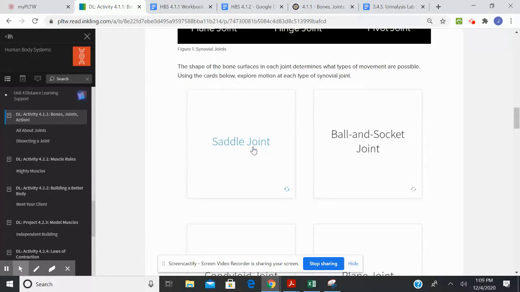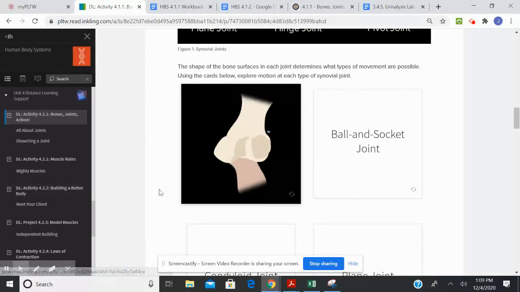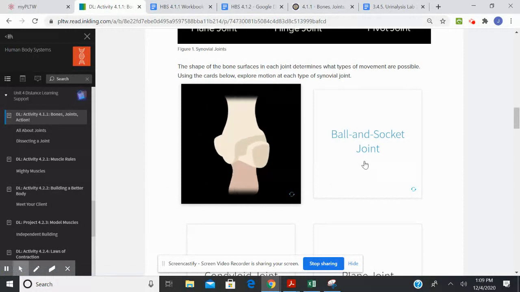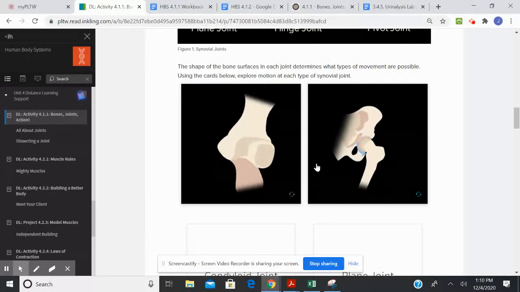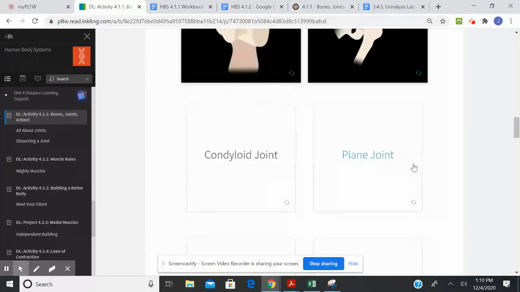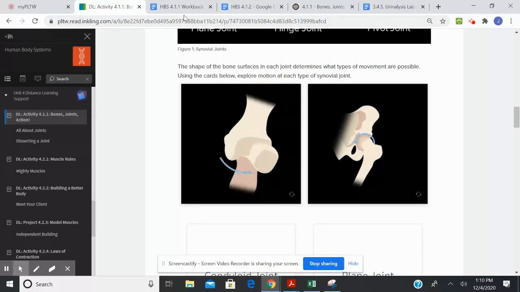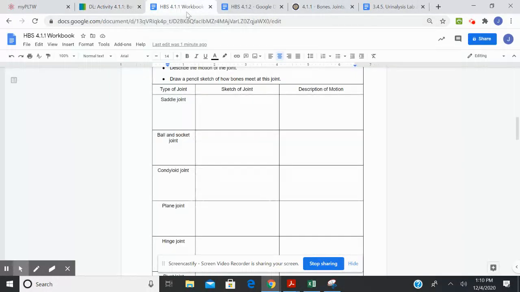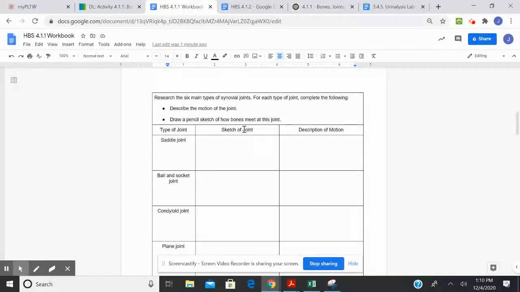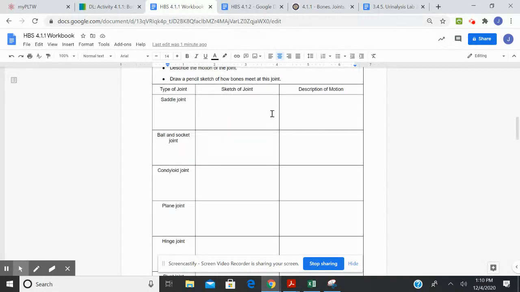Additionally, if you click on these, it shows the motion. Ooh, isn't that cool? All right, and it shows how these move. So you have to describe their motion, and you may have to do some research to find a good description. So you're going to do a sketch of the joint, of how the bones meet at that joint. So sketch it as best you can, and then you're going to describe the motion of the joint.